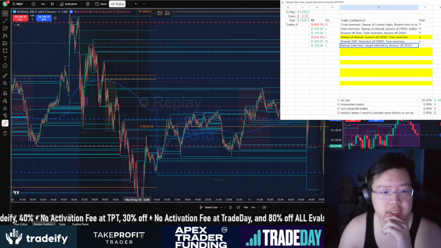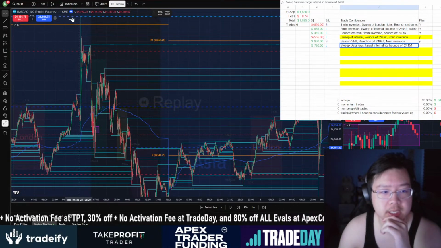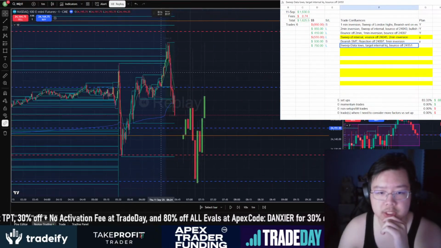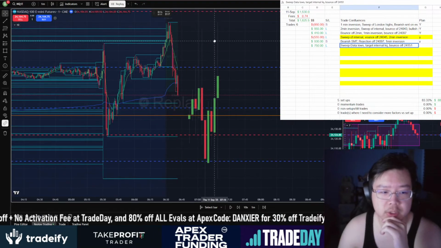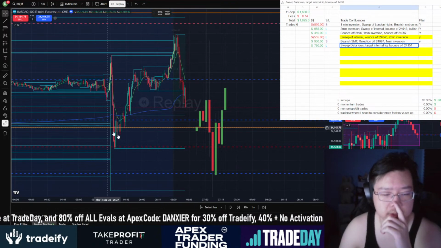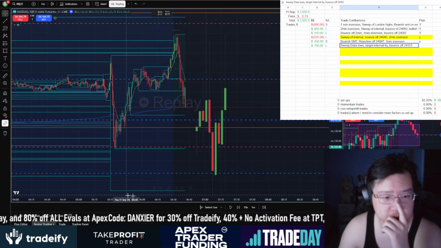Another thing to note here is previous day high was not swept yet, so very interesting. We have two draws on liquidity, one down here and one up there. We rejected at a pretty strong level earlier though. I feel like if we were gonna sweep it, we would have swept it down here.